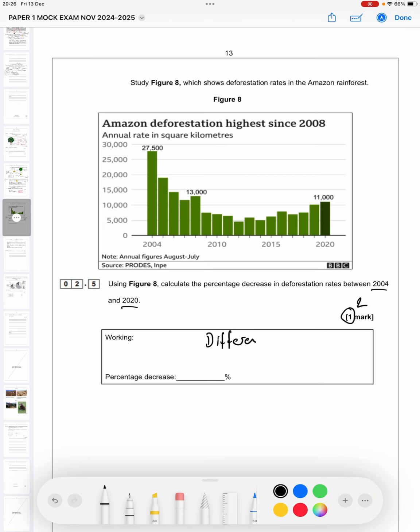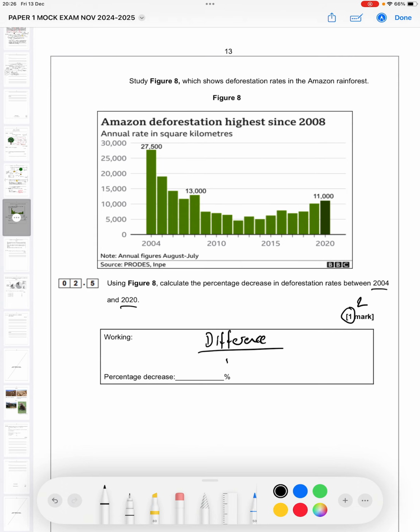So you find the difference, and then you take that difference and you divide it by the original, and you times it by 100. Some of my students remember this as D-di-O.